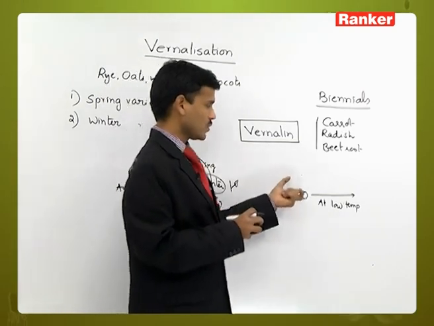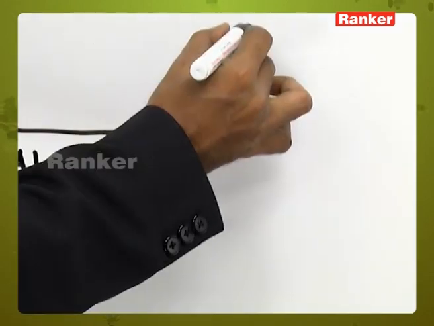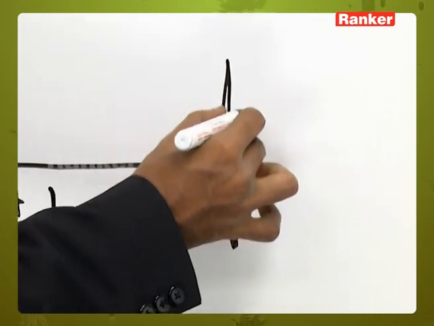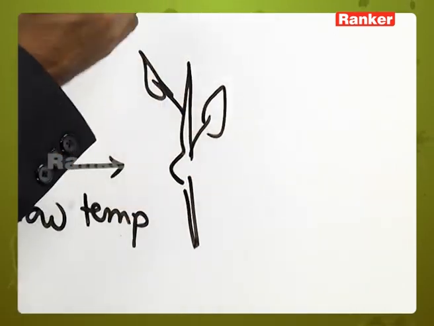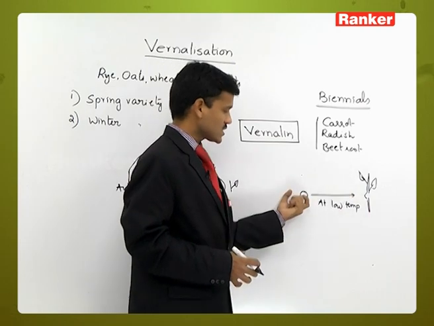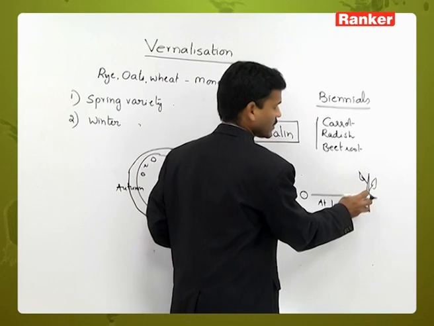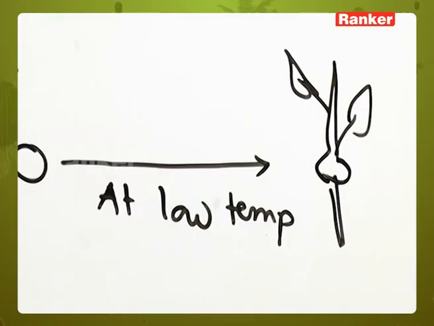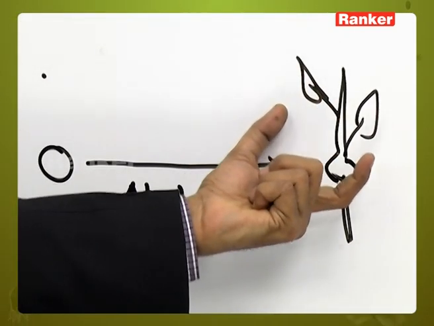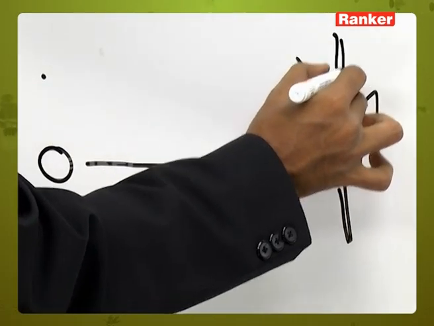After germination, the seeds grow into plants, which also spend the winter season. So there is one treatment before germination and a second treatment during the winter. After the winter treatment, it produces the flowers.